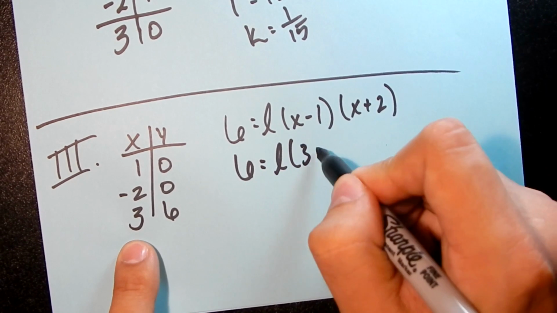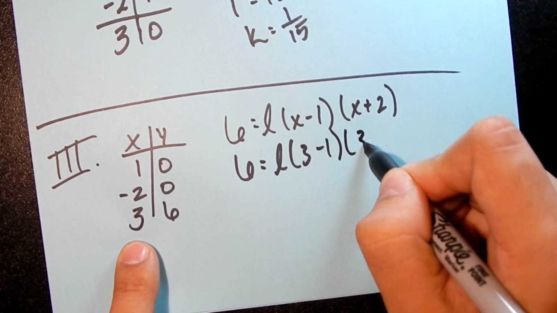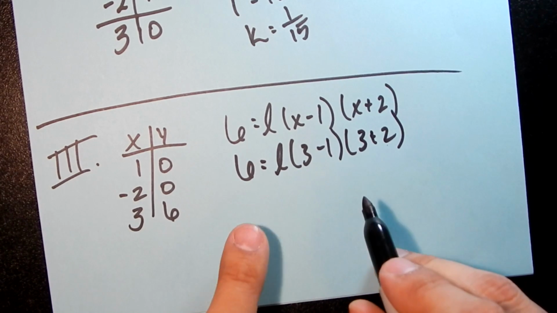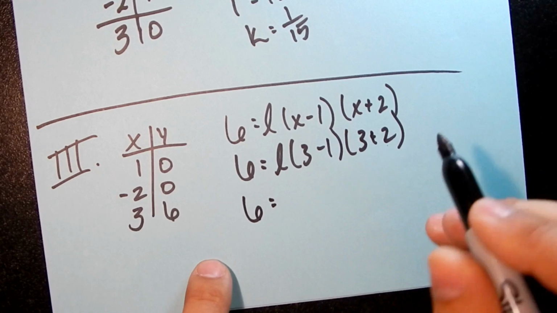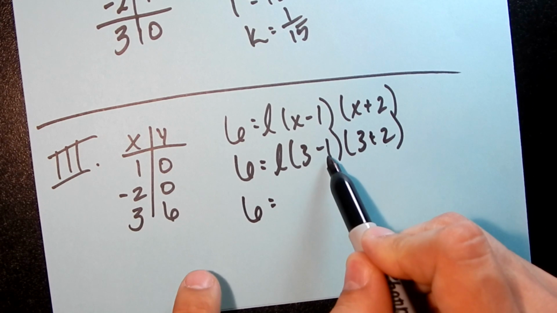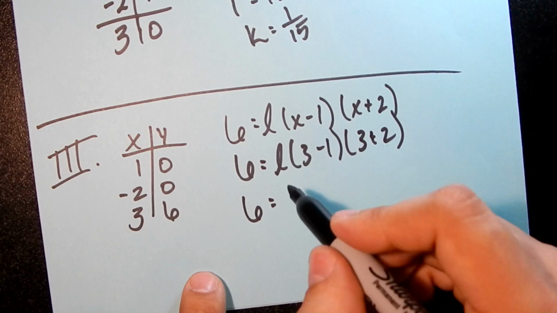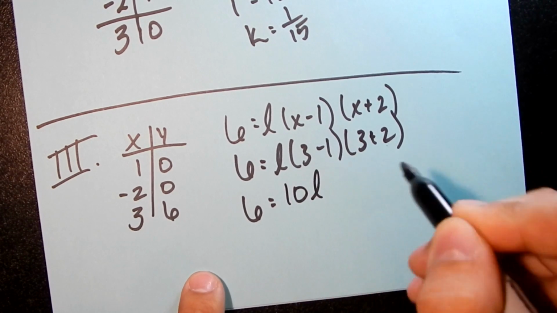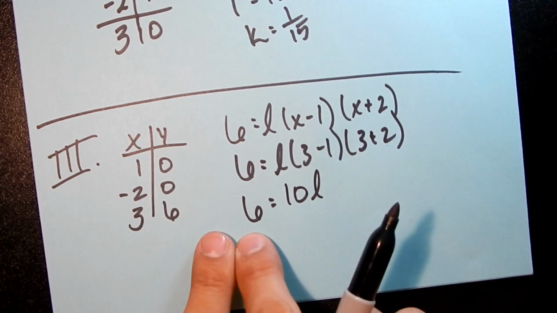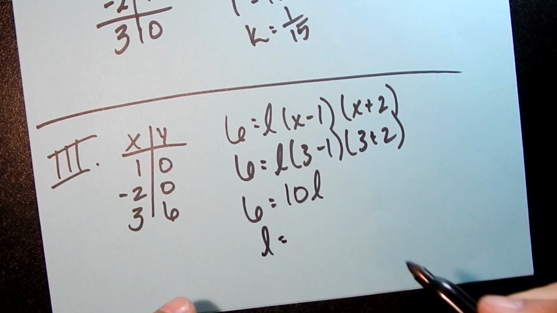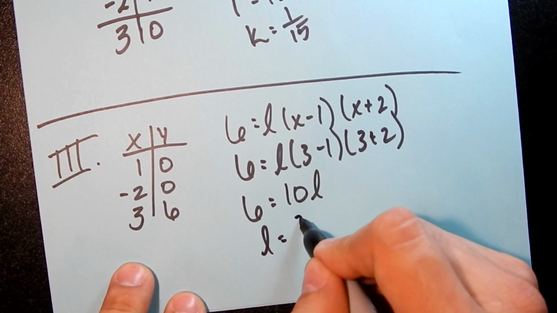I've got 3 minus 1 and 3 plus 2. So 6 is equal to 3 minus 1 is 2, 3 plus 2 is 5, 5 times 2 is 10, so I've got 10L, and then I just have to divide to solve for L. So L is going to be 6/10, which reduces to 3/5.